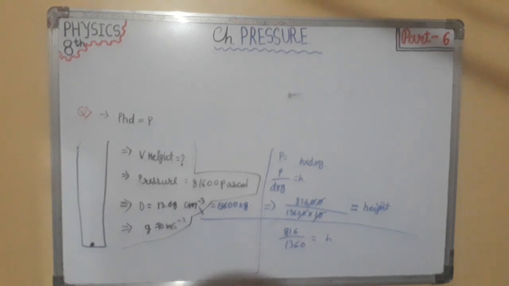After that, by simplifying this, our answer will come 0.6 is equal to height. So therefore, height will be 0.6 meter. I hope you've understood this question.